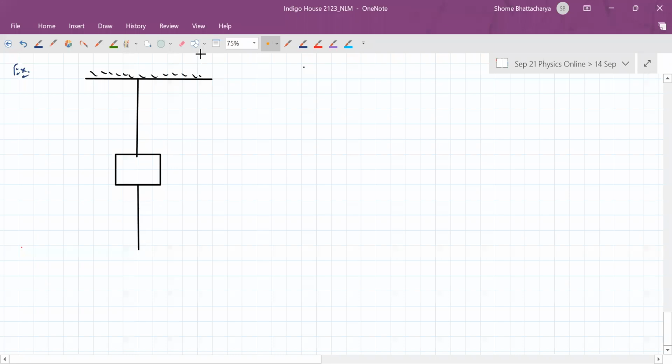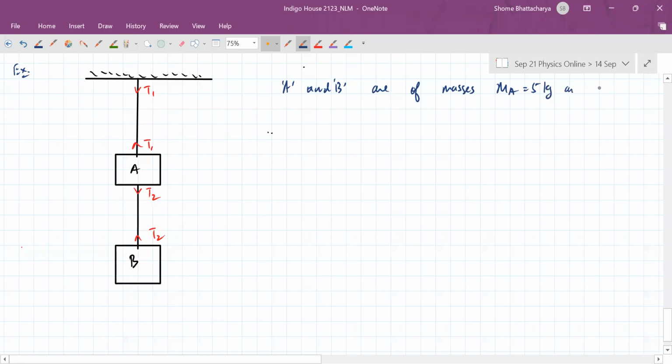So we have a combination of two blocks like this, which are attached like this. So A and B are of masses 5 kilograms and 10 kilograms.